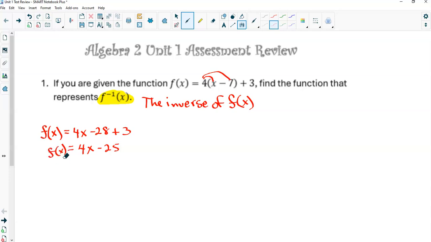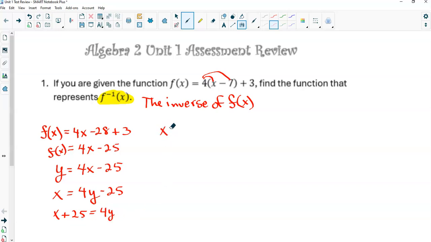Now the first step is to change the f of x to a y. Then switch the x and the y. So x equals 4y minus 25. Solve for y. So x plus 25 equals 4y. Then divide by 4 on both sides.